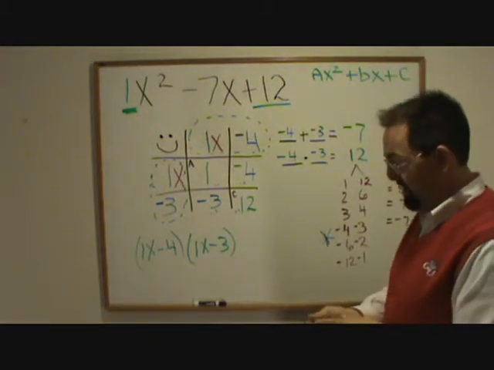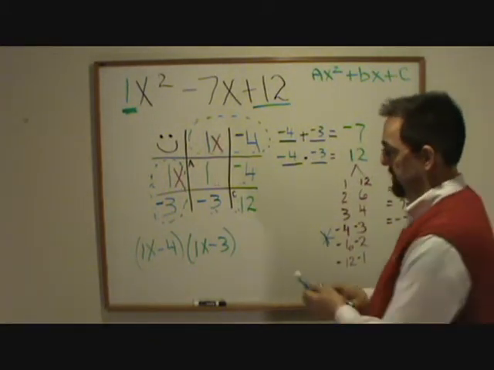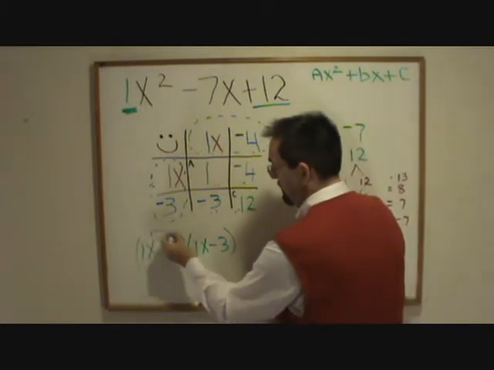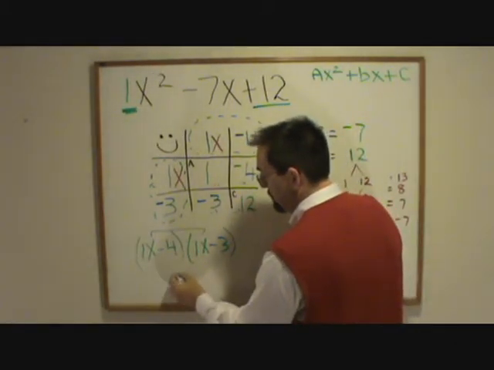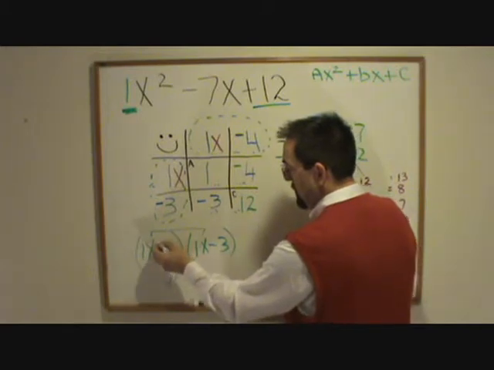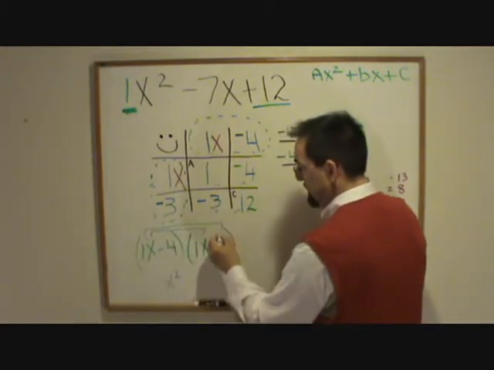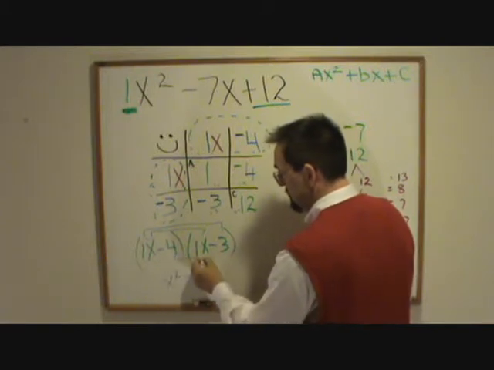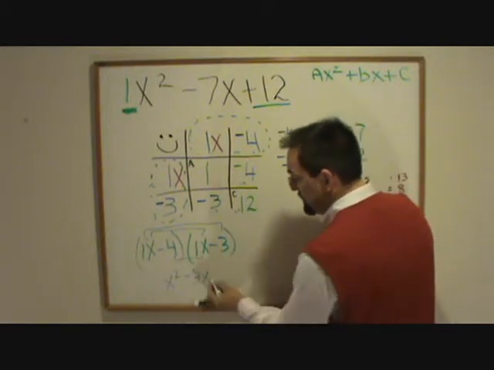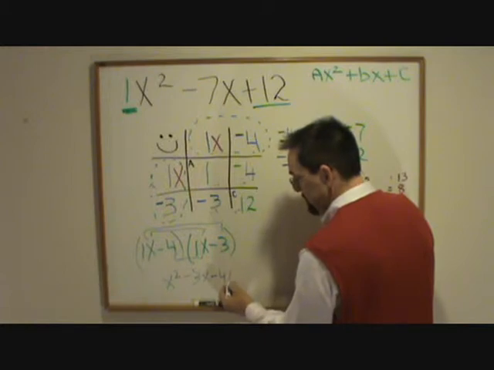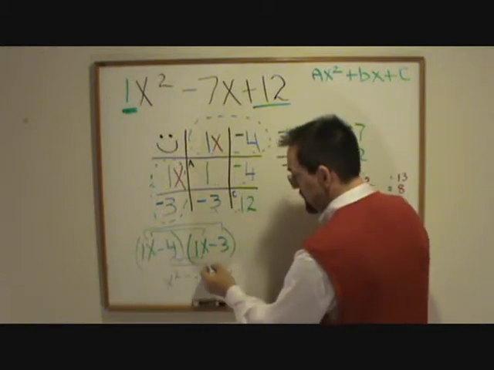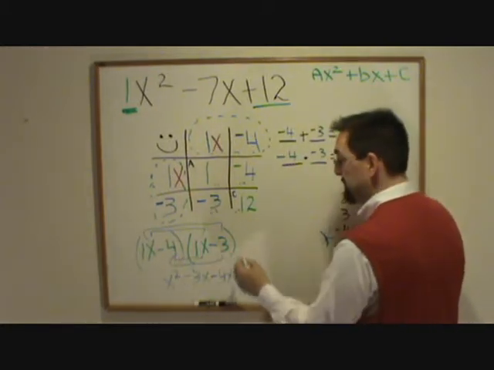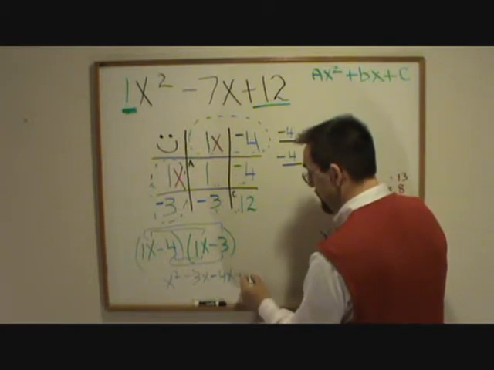Let's check it. Make sure we got the right answer. Take the first terms, x squared. Take the outside terms, minus 3x. Take the inside terms, minus 4x. Take the last terms, minus 4 times minus 3 gives me a plus 12.